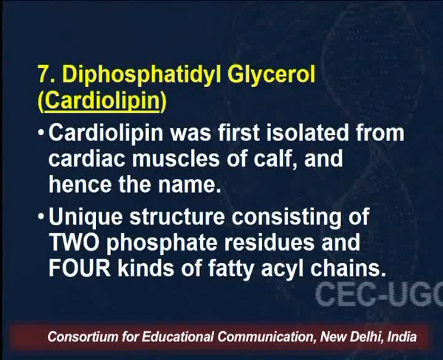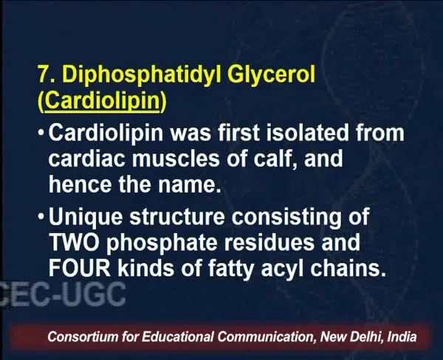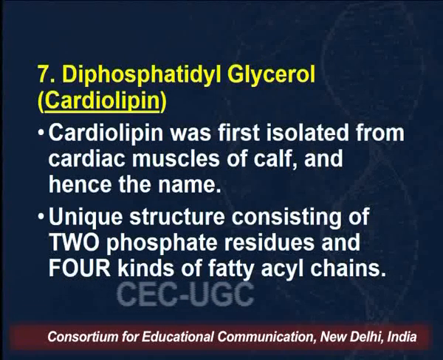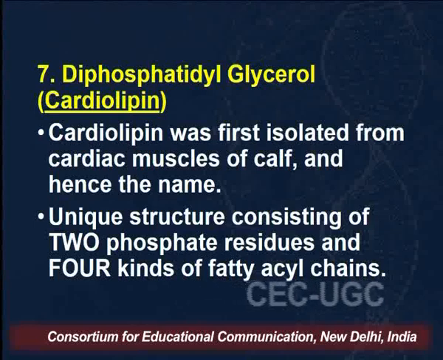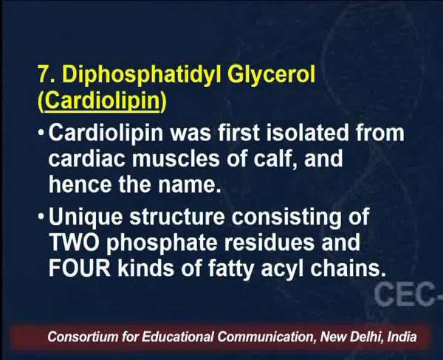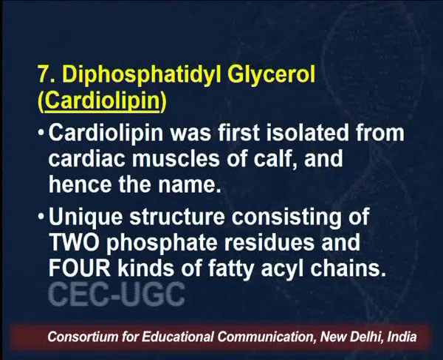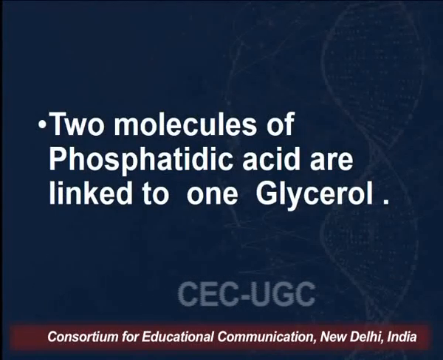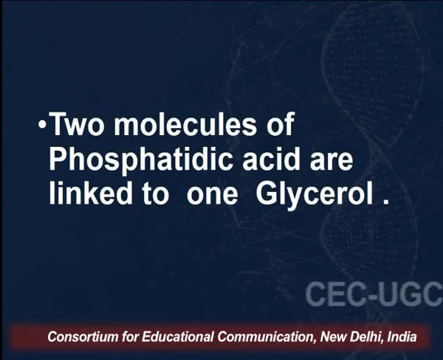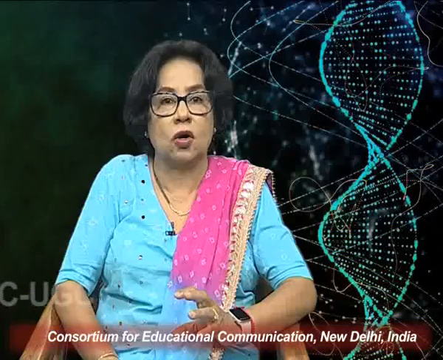What is unique about this structure? That it consists of two phosphatidyl residues, and it has 4 fatty acid chains. So that means that 2 molecules of phosphatidic acid are linked to 1 molecule of glycerol.